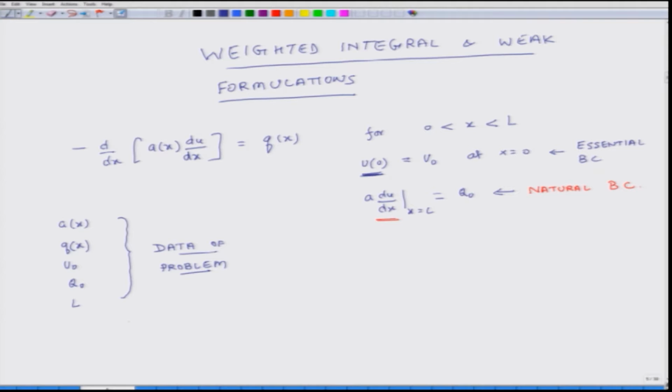And then of course, x is the independent variable, and u of x is the dependent variable. And our aim is to find u of x.